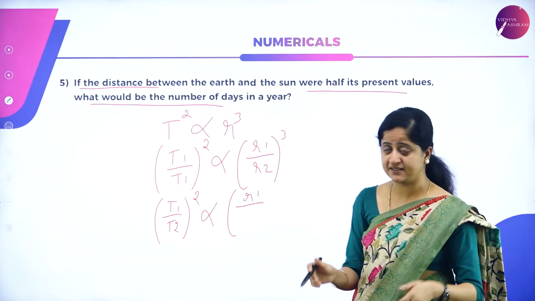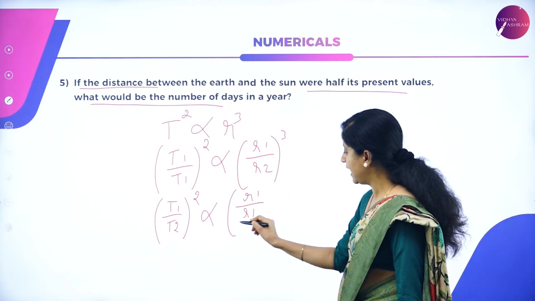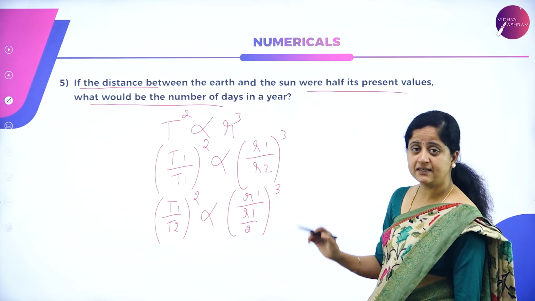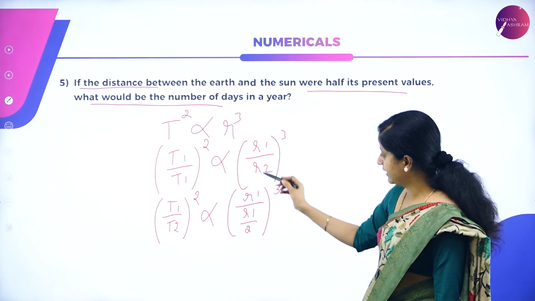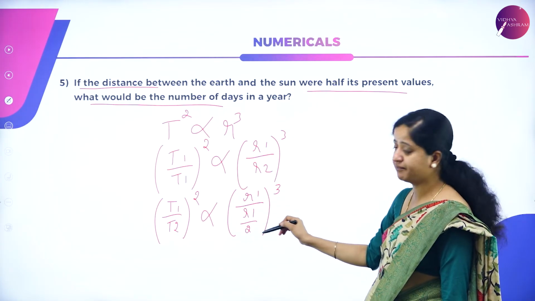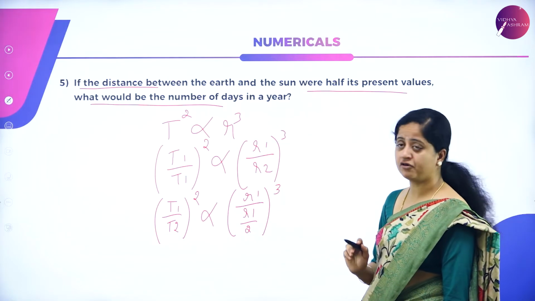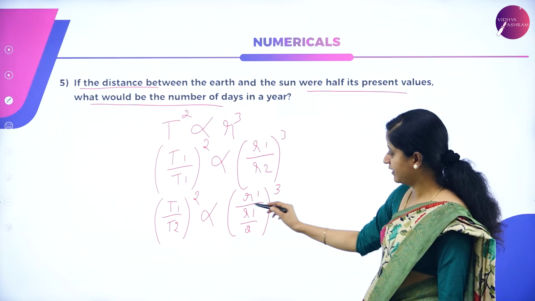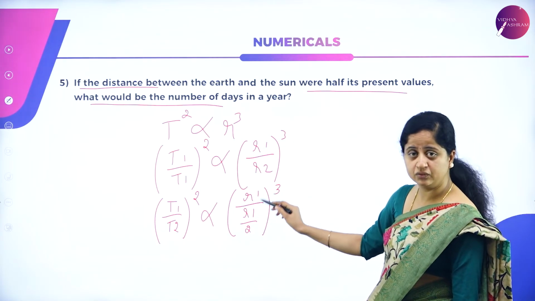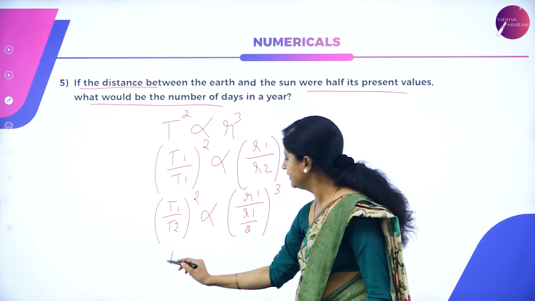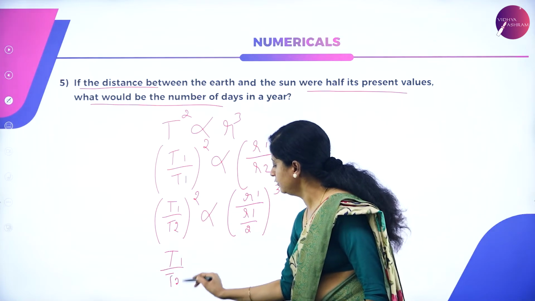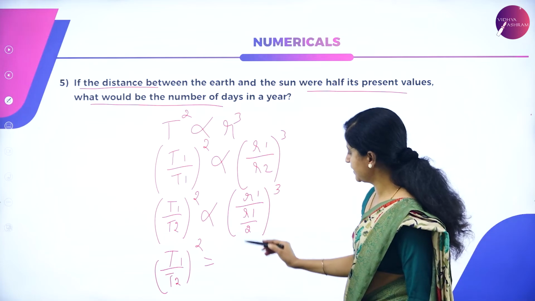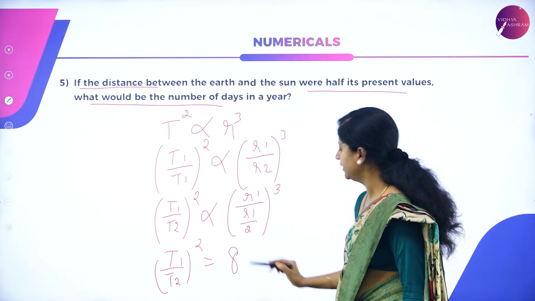R1 is the present distance, so R2 becomes R1/2. What would be the number of days in a year when R2 becomes R1/2? We have to calculate. Solving (R1/(R1/2))³, we get (T1/T2)² equal to 8.